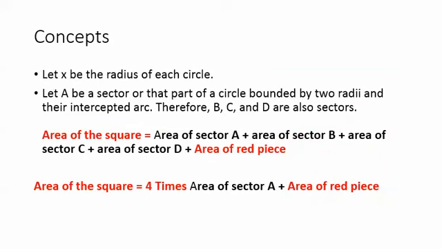Our aim here is to find the area of the red piece. So the area of the red piece is basically the area of the square minus 4 times the area of sector A. Why 4 times? Because sector A, sector B, sector C, sector D are all identical, and if we can find one area of the sector, we can just multiply by 4.